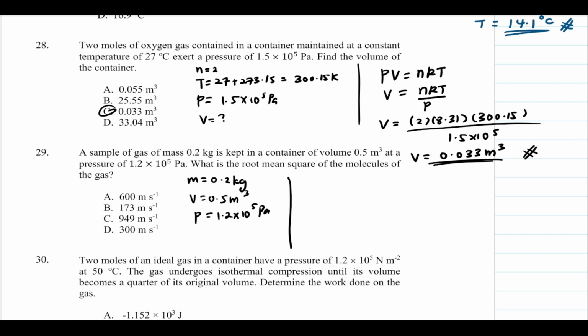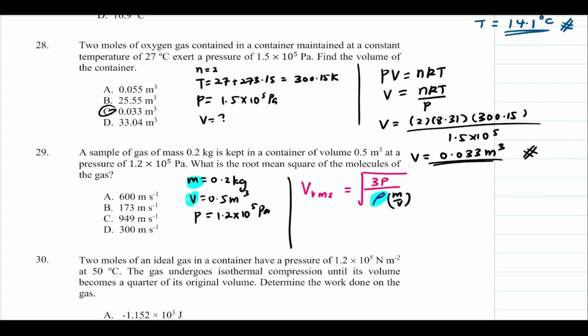So bila kita ada pressure and mass over V, kita tahu mass over V ni adalah density. Kita dapat hint lah di mana kita perlu guna equation vRMS equal to square root 3P pressure over density. Density inilah yang you kena kira dulu, which is M over V. Kira dulu.